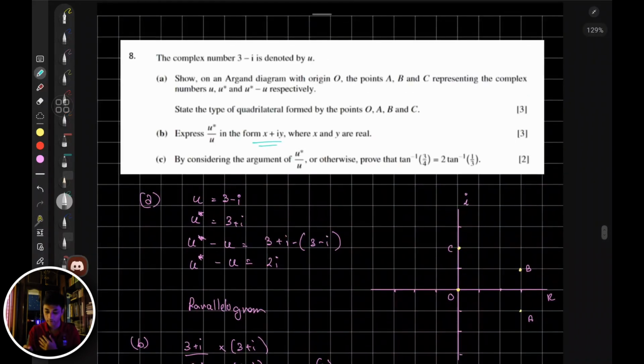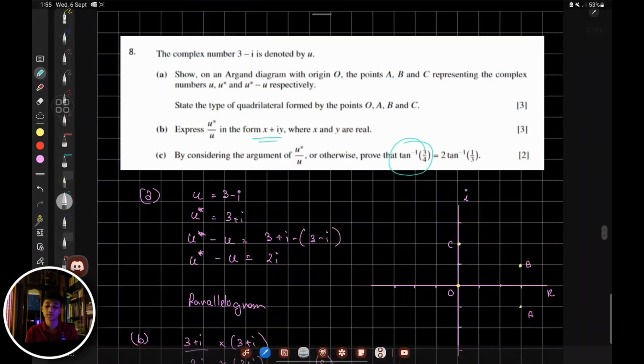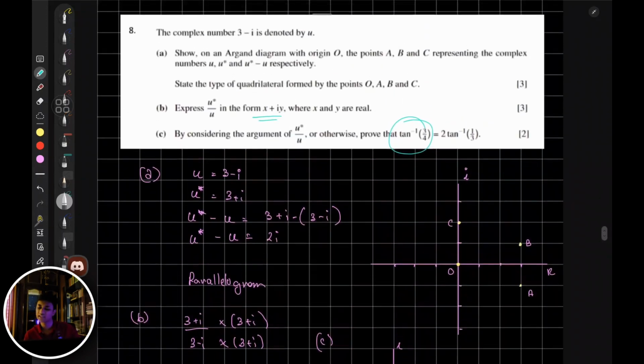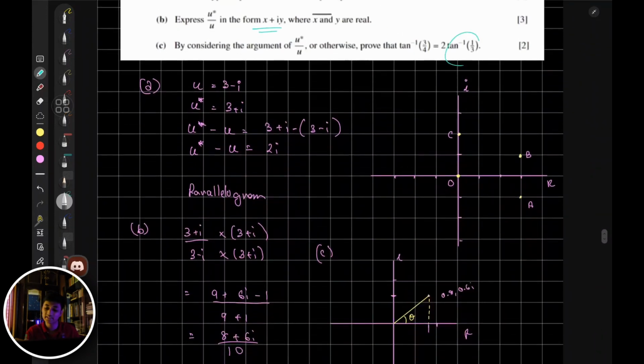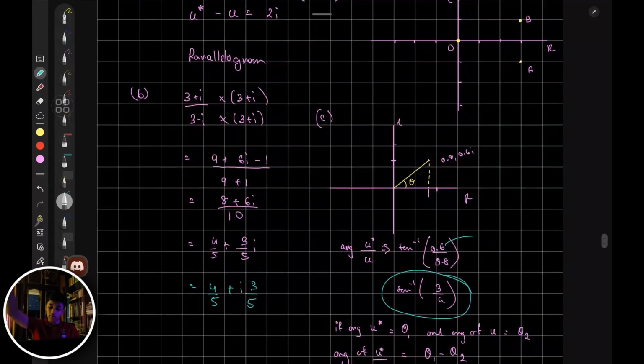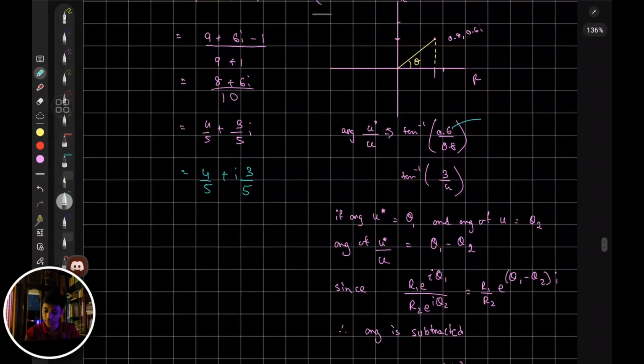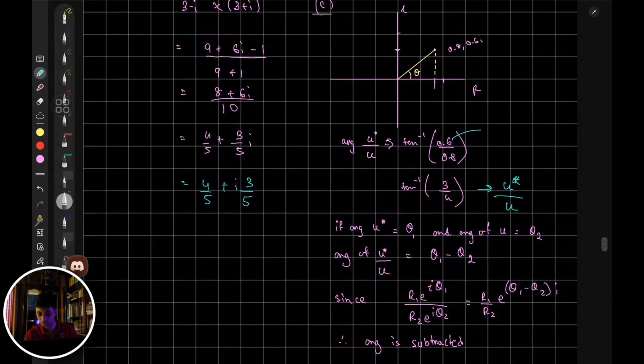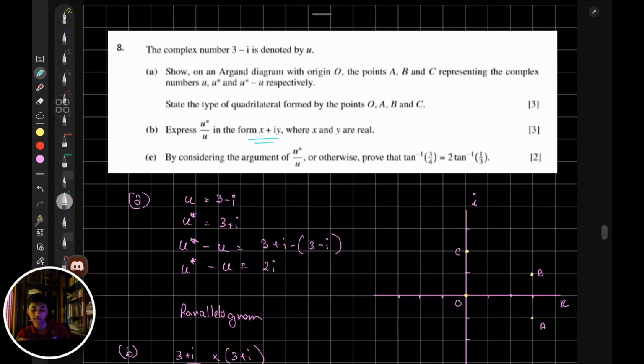So this is denoting the argument of conjugate u by u. That is the expression for u conjugate by u. Now you have to figure out what is defined by this part. So let's see.